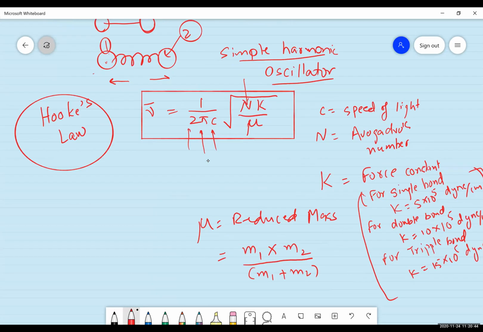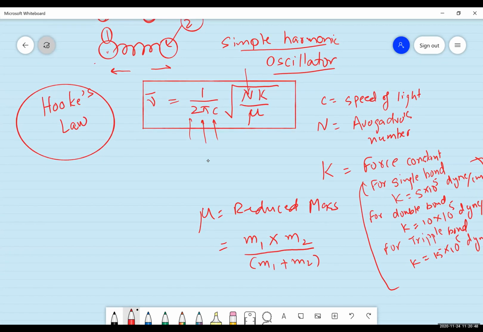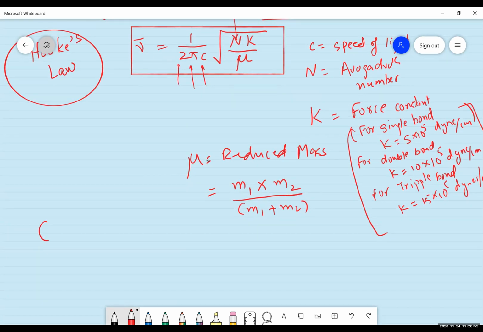Imagine that, let's apply this. Let me tell you how to calculate the reduced mass. Let's say we are calculating for C and H. Okay, so C, if we have 1 mole of carbon, how much will it weigh?